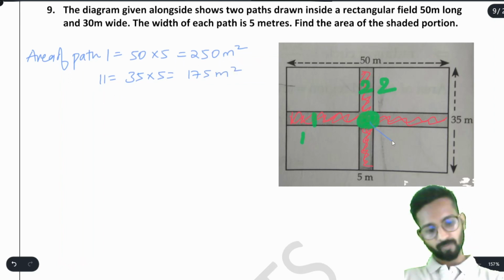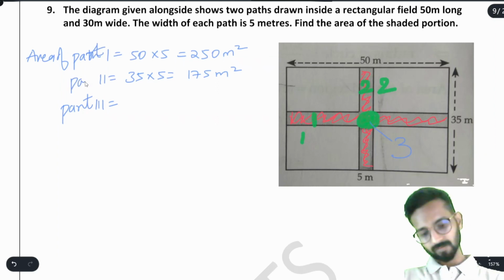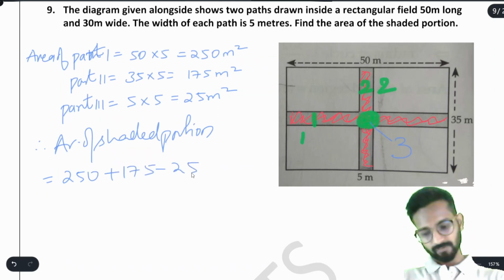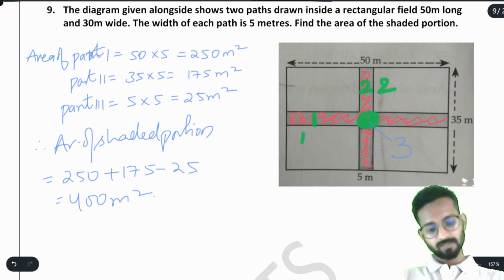And this common area, the third part, area of part 3. Part 3 is 5 cross 5, that is 25 meters square. Therefore, area of the shaded portion is equal to 250 plus 175 minus 25, that is 400 meter square. Simple enough.